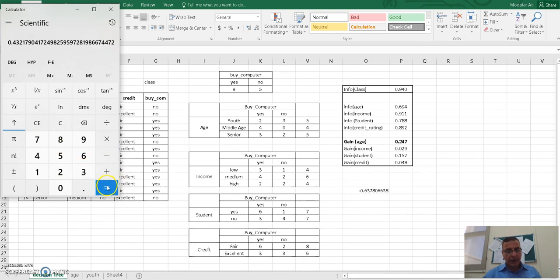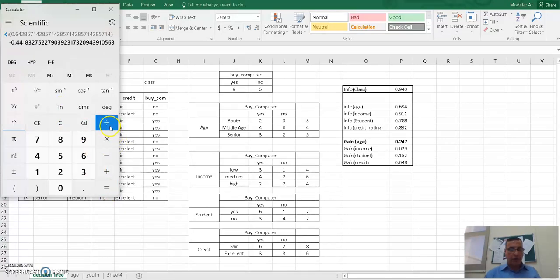0.637. I think the calculation is going to be wrong here, so let's check on that. I'll do that again on the calculator. The first one is 9 over 14. Get the ln of it and divide.